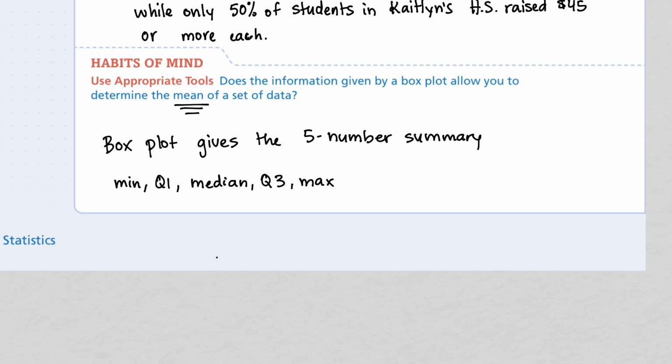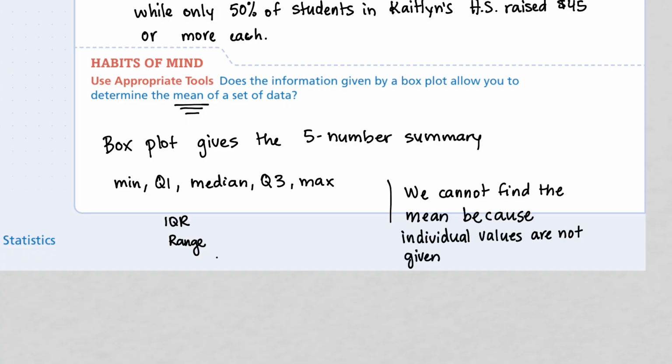With these values, we can find the interquartile range, and we can also find the range, but we cannot find the mean because we do not have the individual values. We cannot find the mean because those individual values are not given.